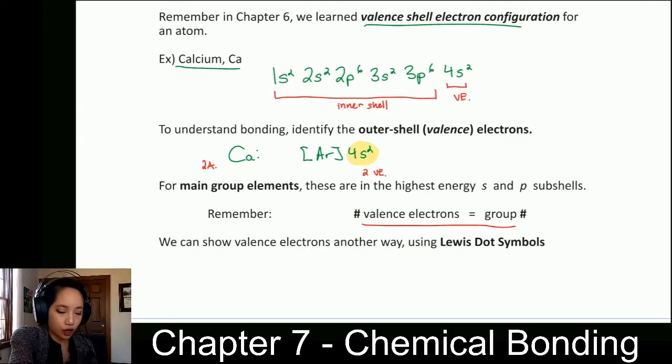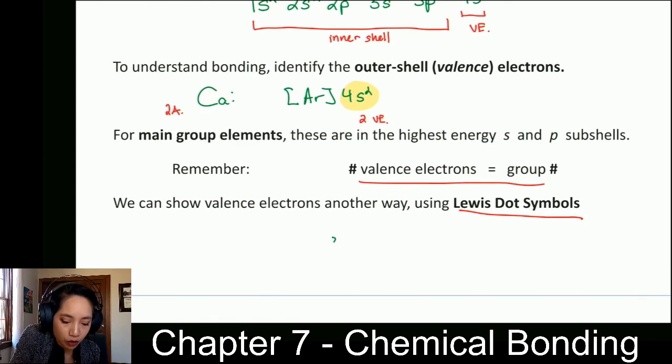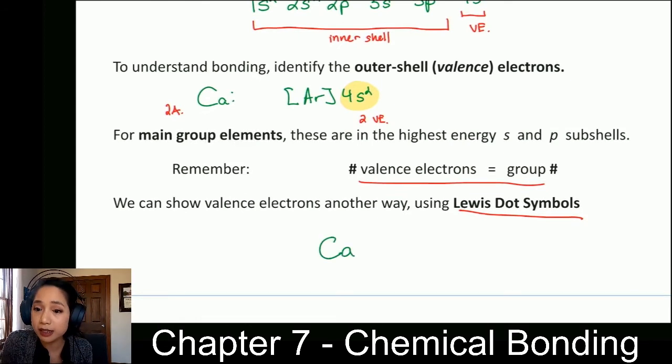All right, and so a different way to denote valence shell electrons, instead of writing out letters and numbers like this, is that we can also show pictorially how many electrons are around a calcium atom. To do that, we can use Lewis dot symbols. For calcium, you write out the element symbol, and now we need to denote how many valence electrons are around that calcium atom.